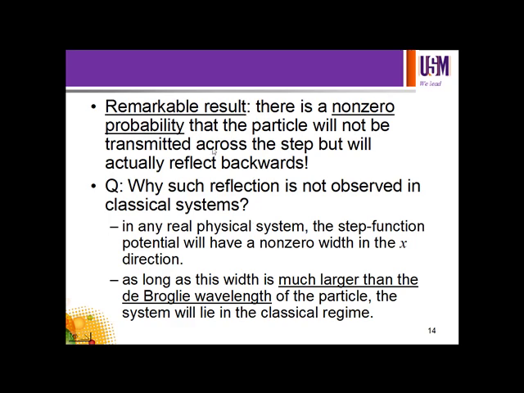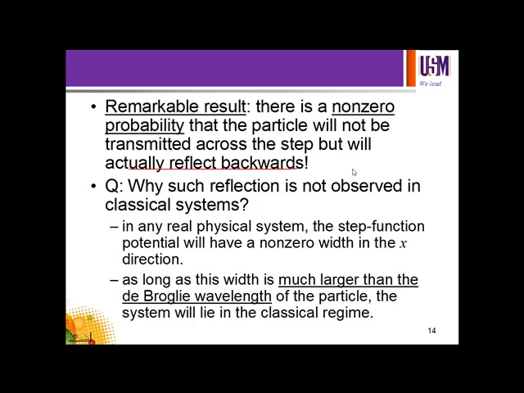But from our mathematical process, we see that both R and T are non-zero. That means some of the particles will actually be reflected backwards. The question: why is such reflection not observed in classical systems?